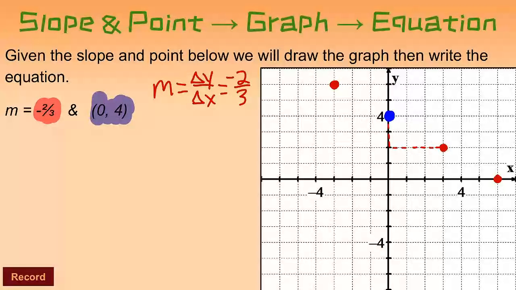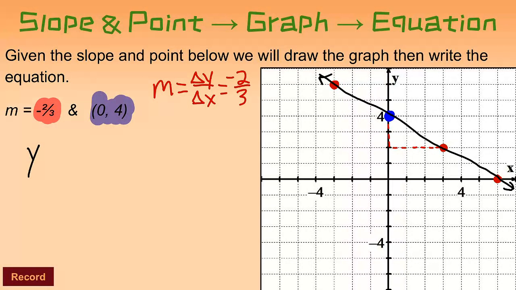So now I'm going to graph that, connecting those as best I can. And it is not perfect, as is life. Now we're going to write an equation, and we'll write it in slope-intercept form.